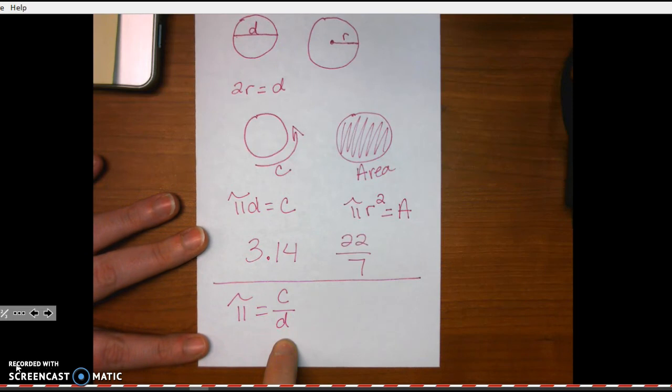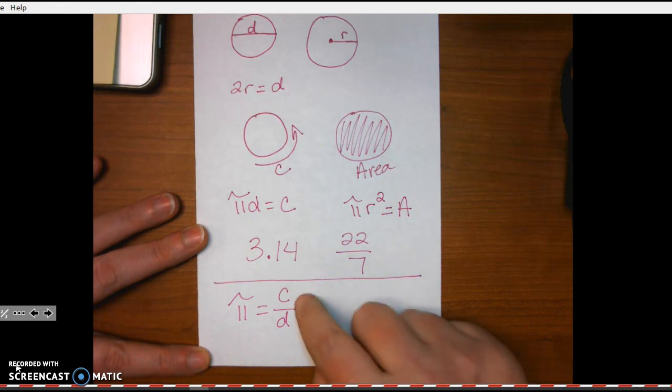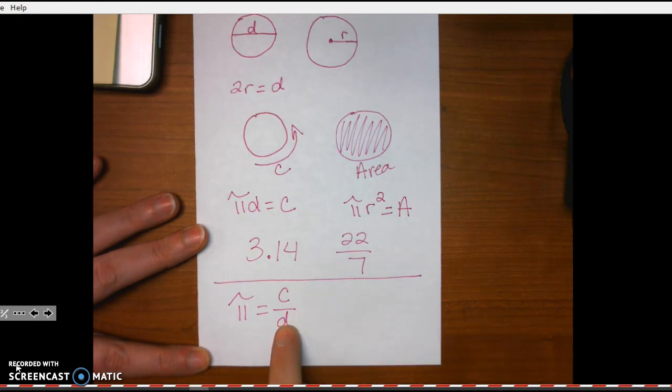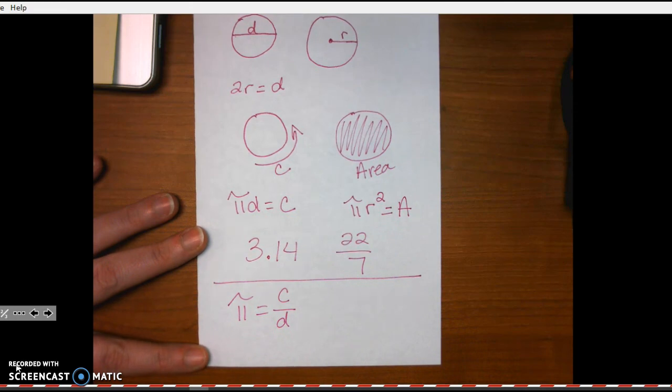And the crazy thing is that if I gave every classroom a different sized pie, approximately, based on our measuring abilities, the circumference divided by the diameter, every single classroom should still get pi, around 3.14, about 22/7. So what we're going to track today in the cafeteria is if this is true or not. We'll see if those old mathematicians got this right or if they messed up.